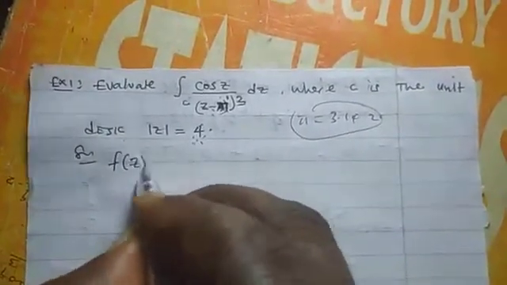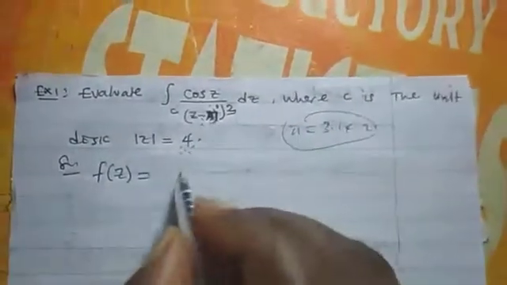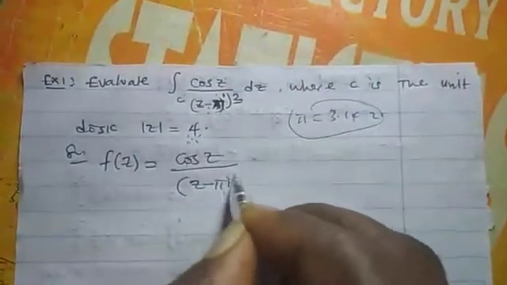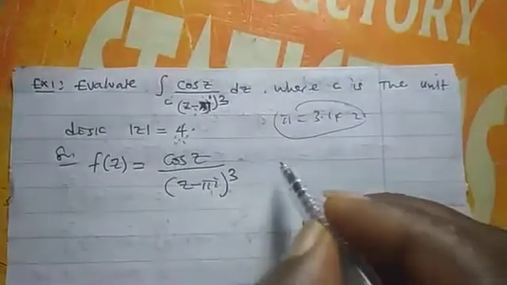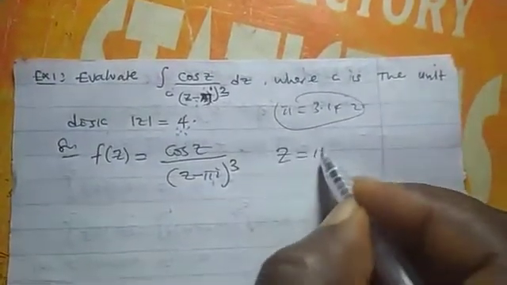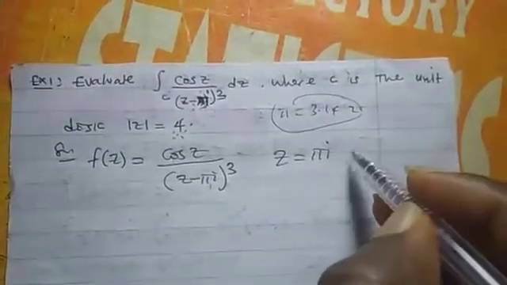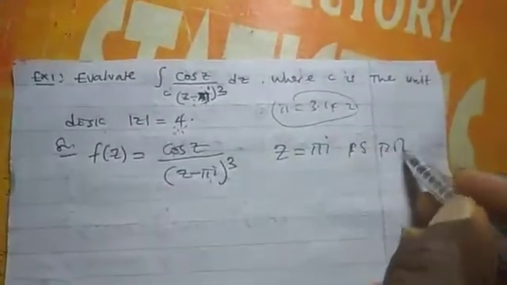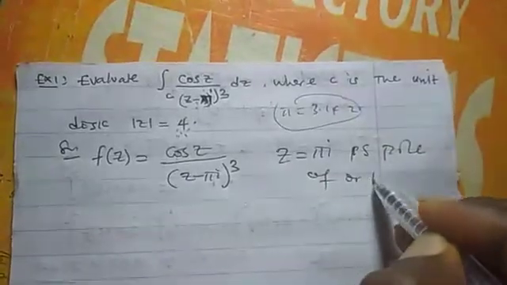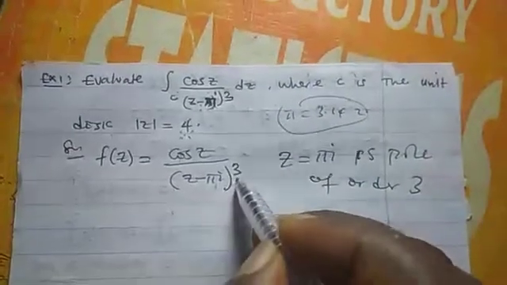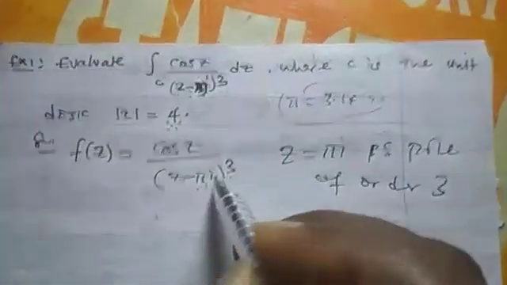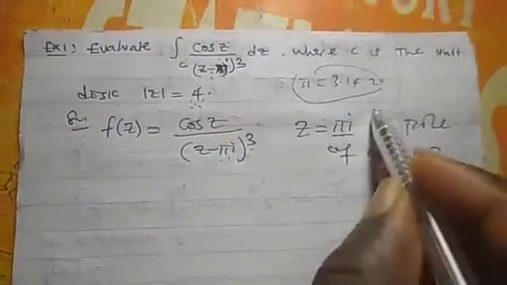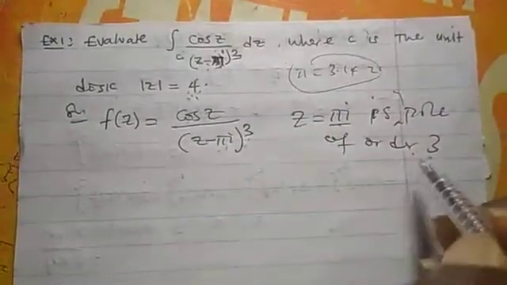Now, what's our f of z? This is our f of z: cos z over z minus pi i raised to power 3. So z equal to pi i is our singular point. It's a pole of order 3, and the only singular point we have here is a pole of order 3.